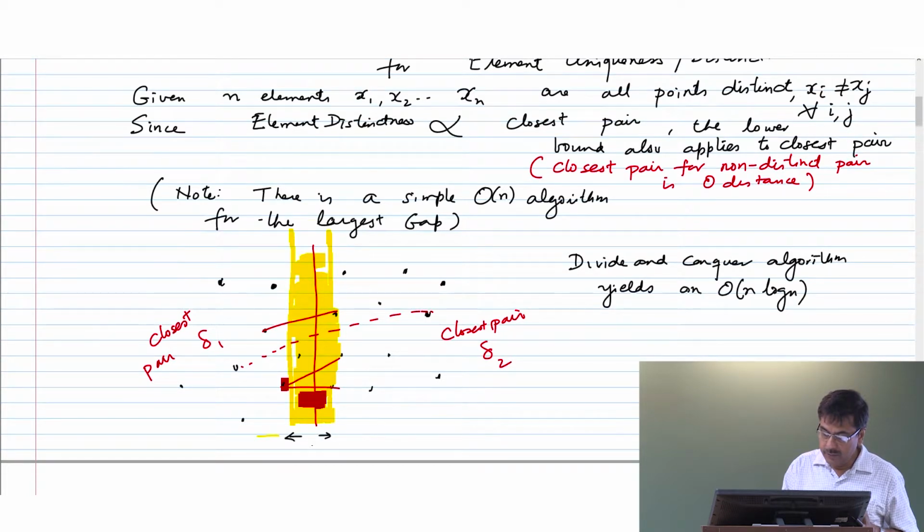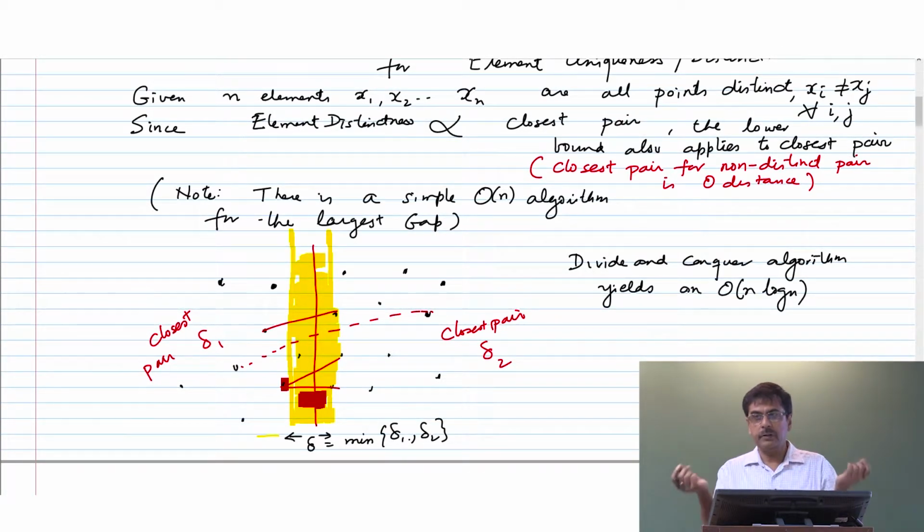So you need to look at points within this narrow width of maybe delta, that is the minimum of delta 1 and delta 2. Because any points that are further apart than that cannot be closer than delta 1 and delta 2; we already have pairs that are as close as the minimum of these.